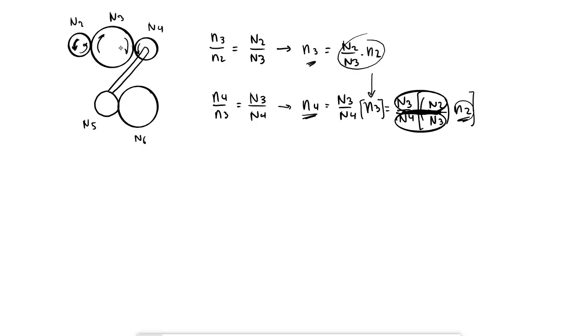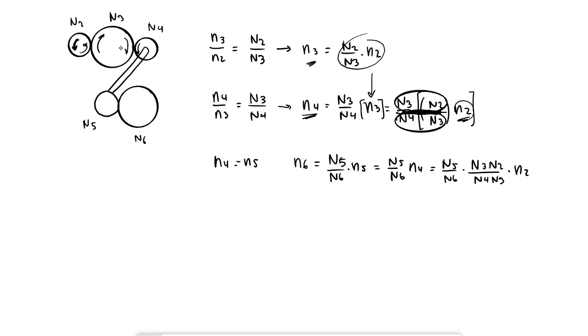Right. So if I also know that N4 is equal to N5, and I try to find N6 in terms of N5, this would be N5 over N6 times N5, but N5 is N4, but at the same time N4 is N3, N2.